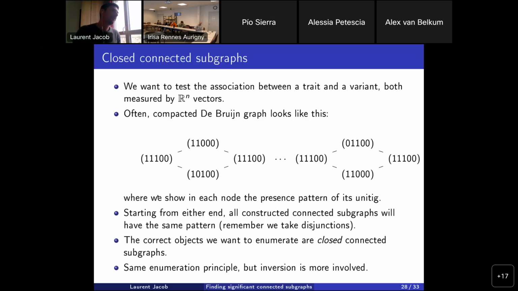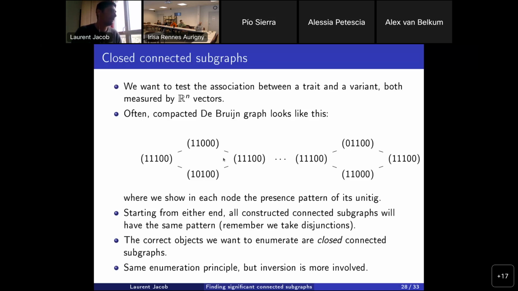And if we start from either end of this or any intermediate node, and we start adding nodes, very quickly all the connected subgraphs will have the same pattern, which will be 1, 1, 1, 0, 0, because we're taking these junctions, right? So I start from here. This junction by adding any of these 2 is the same.